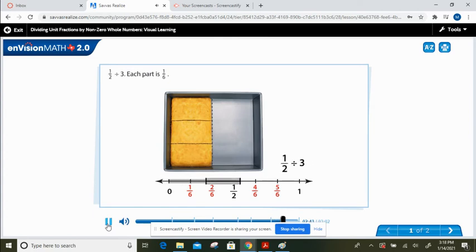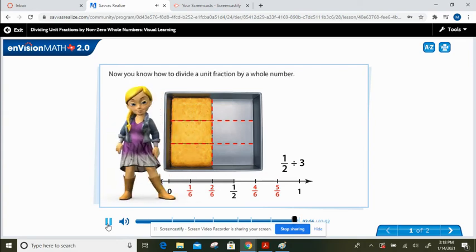Each part is 1/6. 1/2 divided by 3 equals 1/6. Each person gets 1/6 of the cornbread. Now you know how to divide a unit fraction by a whole number.